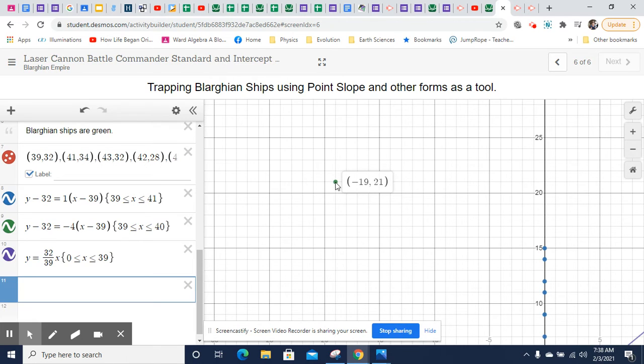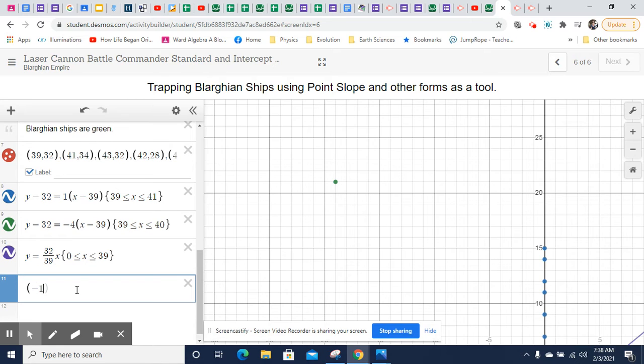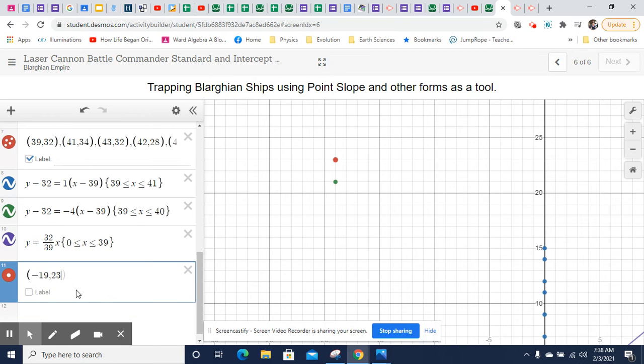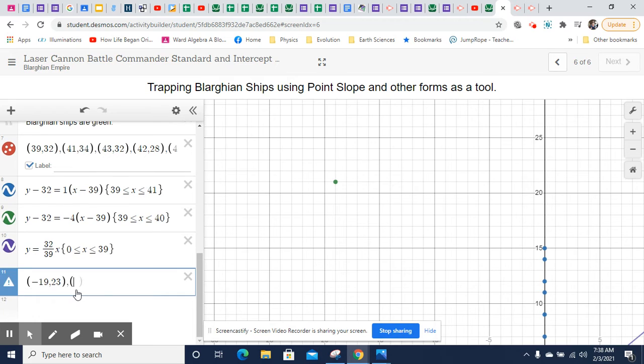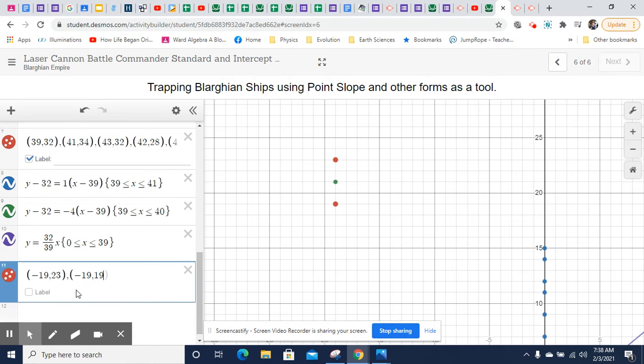So if this is (-19, 21), we could put another point at (-19, 23) right above it. And we could also put another one below it at (-19, 19). Okay.